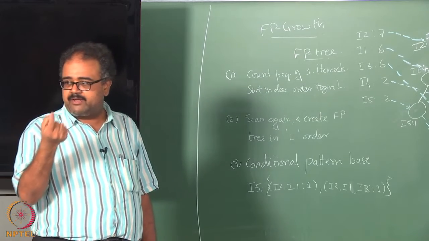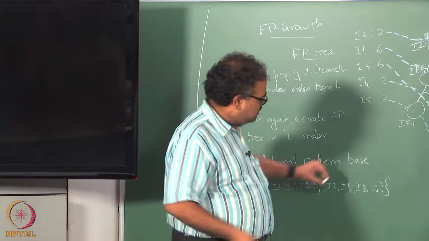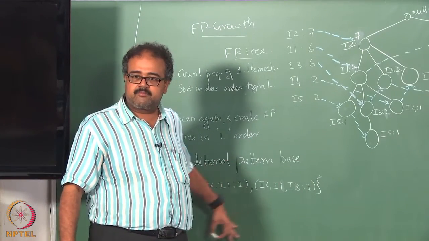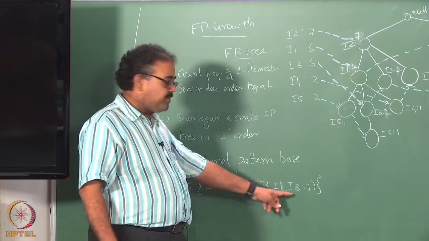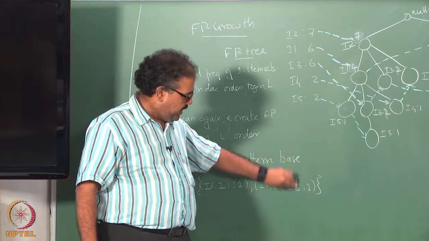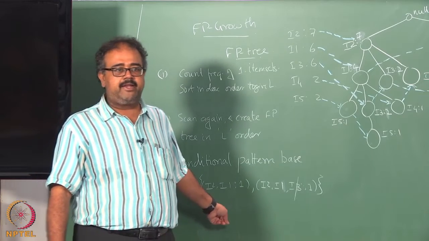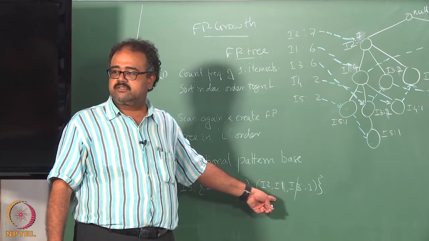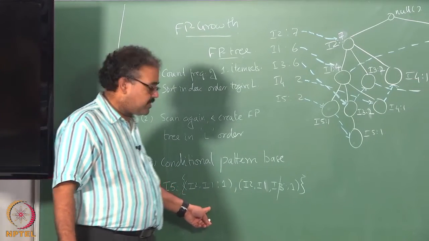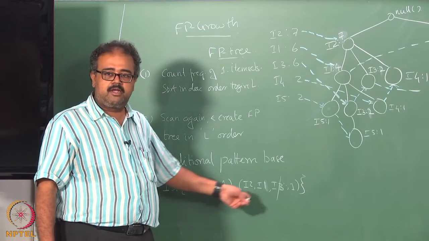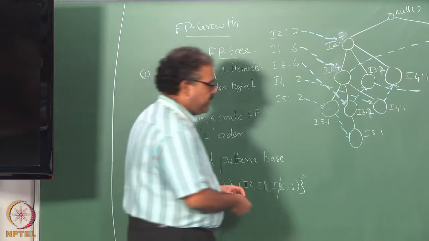I3 appears only once in the whole thing, right. I1 appears twice, I2 appears twice, but I3 appears only once. So I will ignore the occurrence of I3. Now I will create an FP tree with the remaining two transactions. What are the transactions? I2, I1 and I2, I1. So my FP tree will look like this.